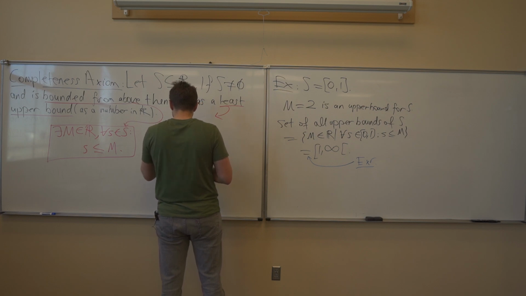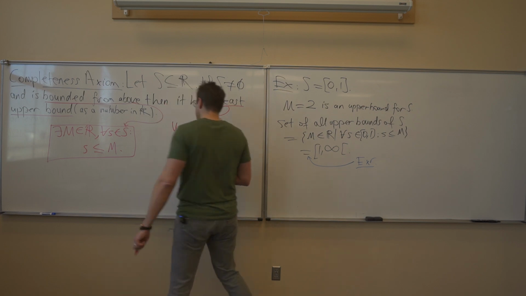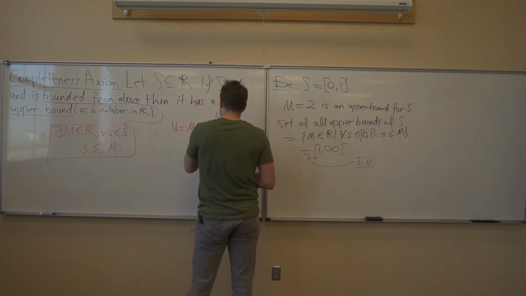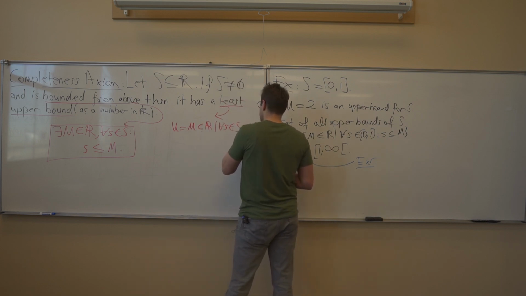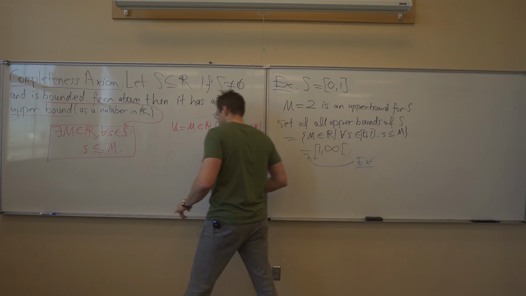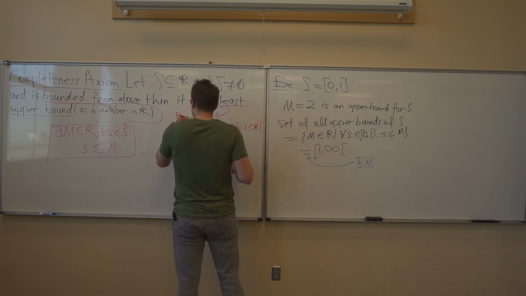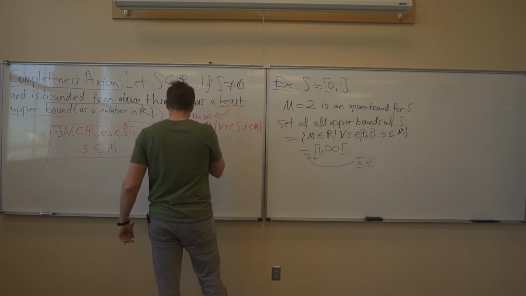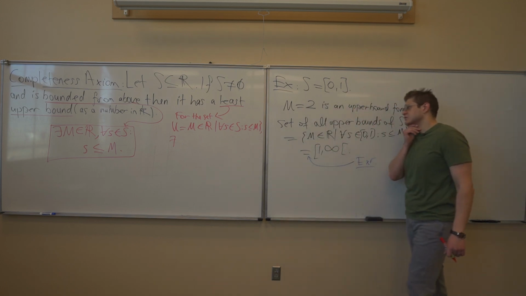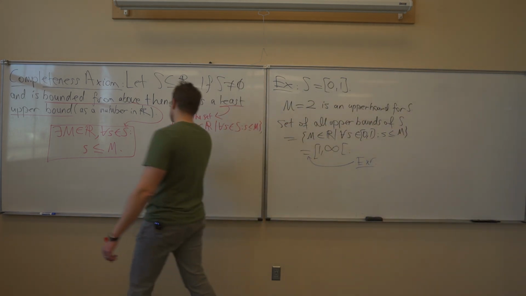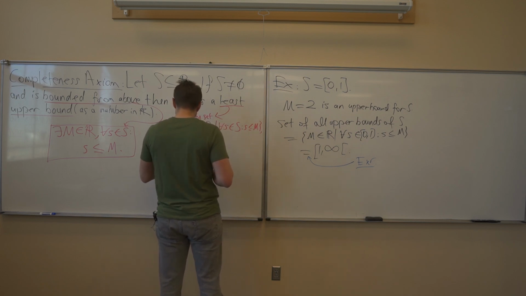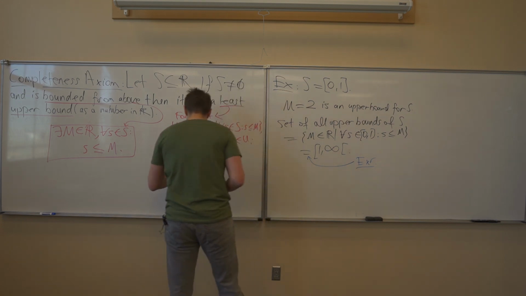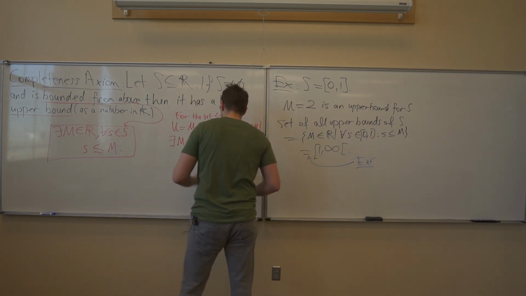Then defining, let's say, U for upper bounds for the set, there is m star in U such that for any m in U, m star bounds m from below.